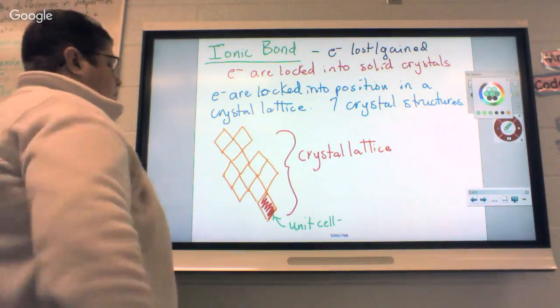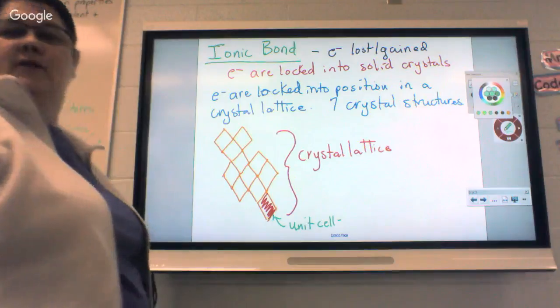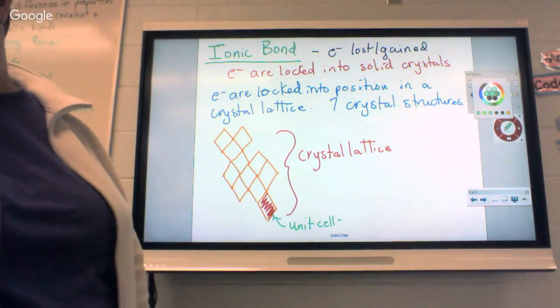All right, so what is the unit cell going to show us?